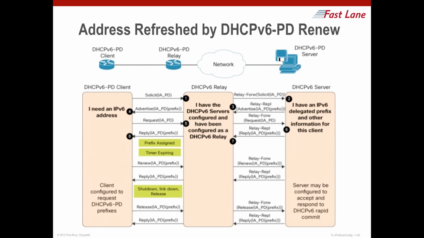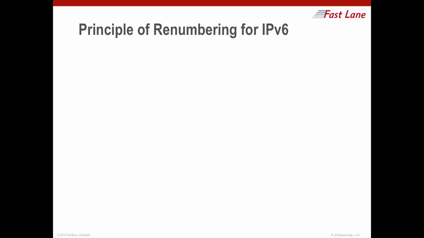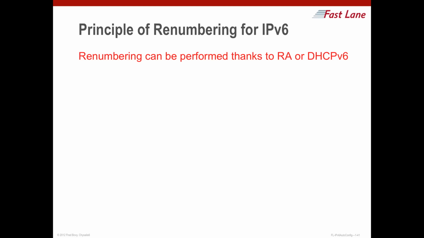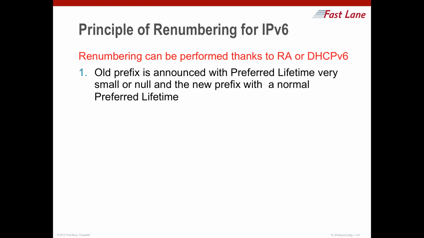When the timer expires, a renew is sent, and this renew is to ask the server to make the reservation longer, so the prefix will not time out. For renumbering, we also use the preferred and the valid timers. So basically, this can be used with RA and DHCPv6.